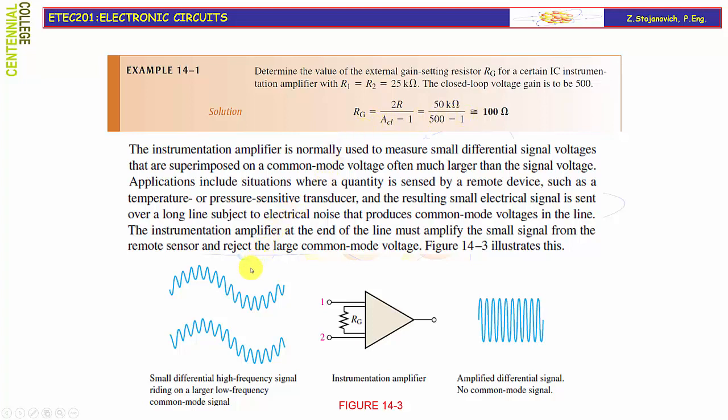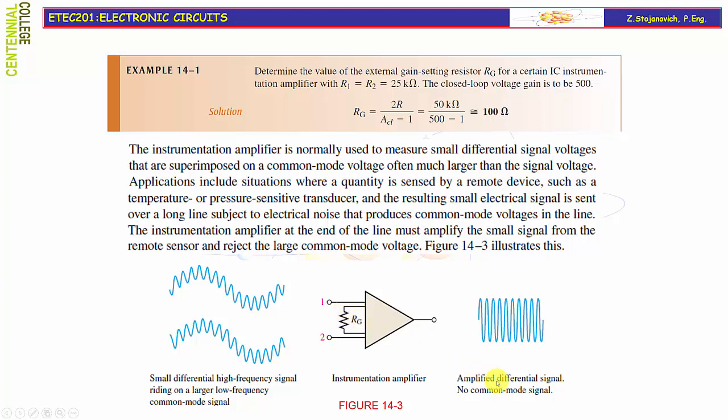Now here on the left hand side we have an illustration of the small differential high frequency signal riding on a larger low frequency common mode signal. When these two signals are brought to the input of the instrumentation amplifier, we expect that the difference between voltages at points 1 and 2 will be amplified, while the common mode signal, this large low frequency signal, will be equal on both inputs, and because there is no difference between them, it will not be amplified at all.